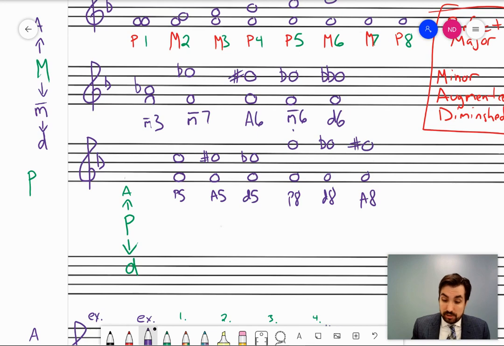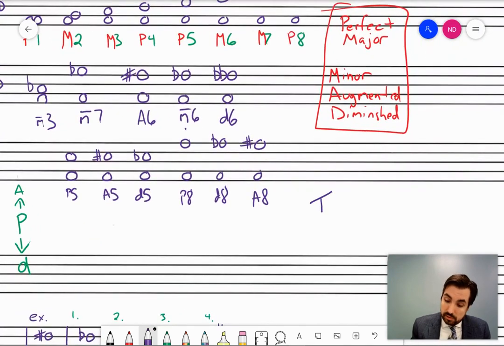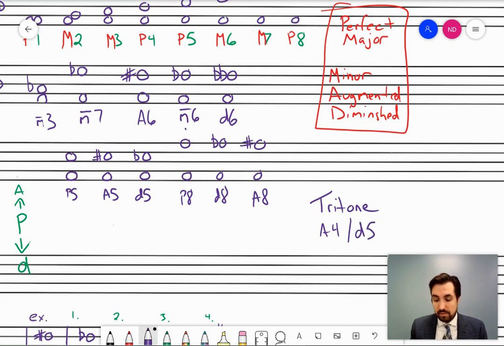One extra thing that I should mention is a special kind of interval that is called the tritone. A tritone is an augmented fourth or a diminished fifth. So let's see, we could keep this here in treble clef. G to C sharp or G to D flat is called a tritone.